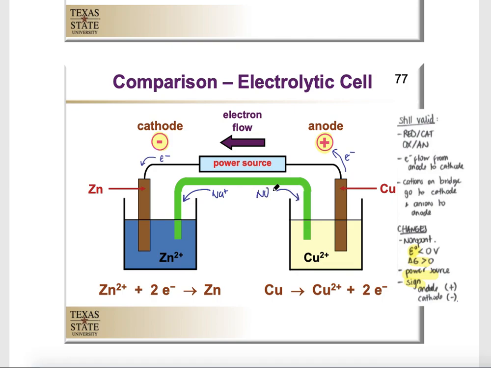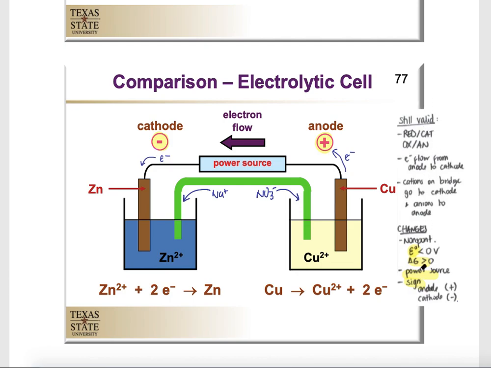So let's say that here we're going to have a nitrate ion coming in that direction. That's if my electrolyte was sodium nitrate, then I would have sodium ions and nitrate ions going in those directions. So what's still valid for both galvanic cells and electrolytic cells is that the cations end up going toward the cathode and the anions end up going to the anode.